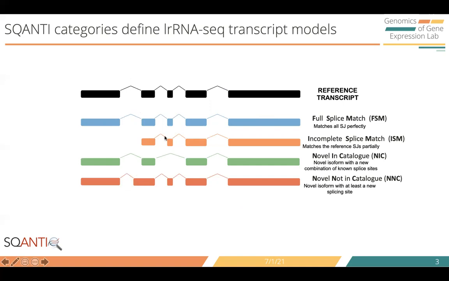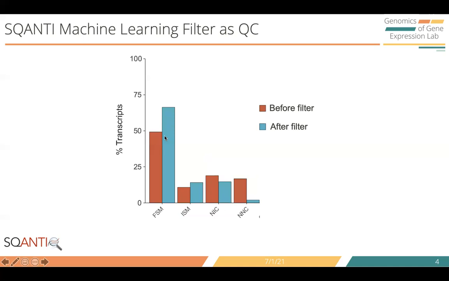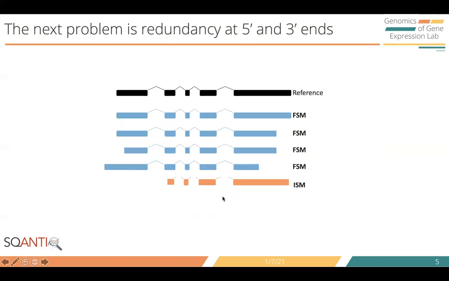In the past, our filter looked at the junctions mainly, and we were able to call most of the novel not in catalog as transcript artifacts, while the others, like the incomplete splice matches and the novel in catalog, were maintained. However, we know that incomplete splice matches might be degradation products of true transcripts, and we also observed a great diversity at 3' ends and 5' ends, with sometimes many full splice matches to the same reference transcripts.